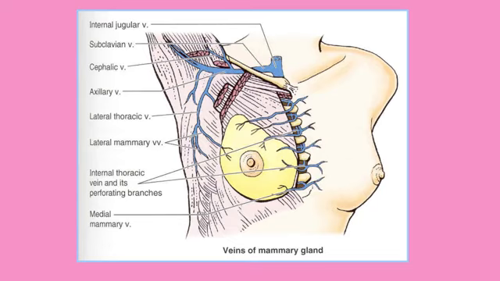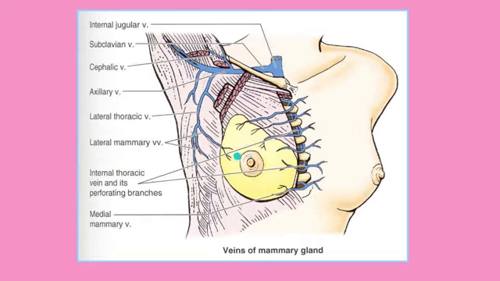Now, veins are going to have a similar story to the arteries. The blood from the breast will mainly drain into the internal thoracic vein. So these perforating branches will come back to the internal thoracic vein. Then you also will have these lateral mammaries that will drain into the lateral thoracic vein, and then also there will be some that will drain into the posterior intercostal veins.